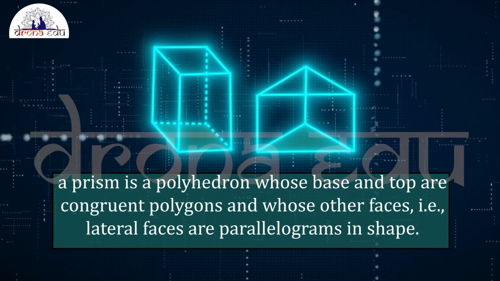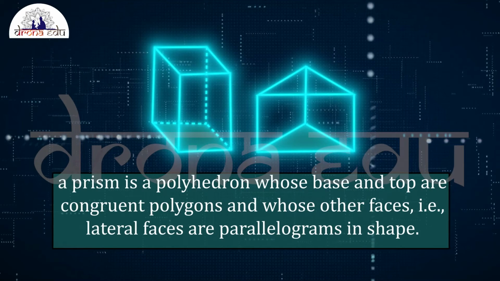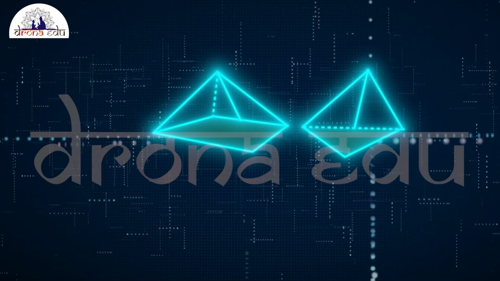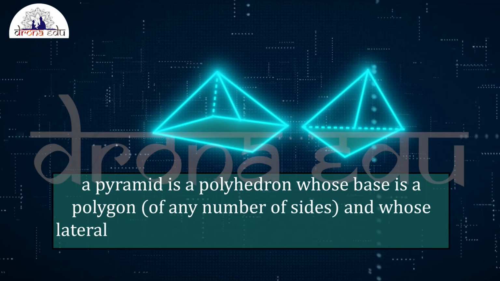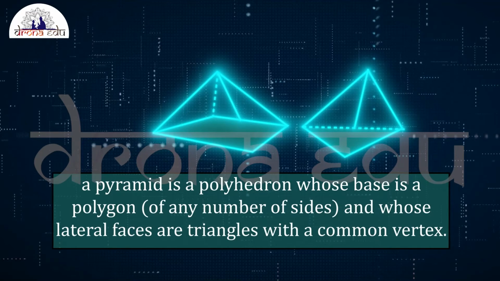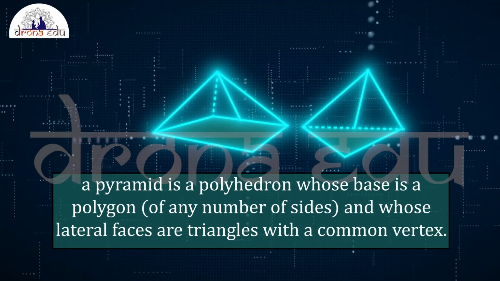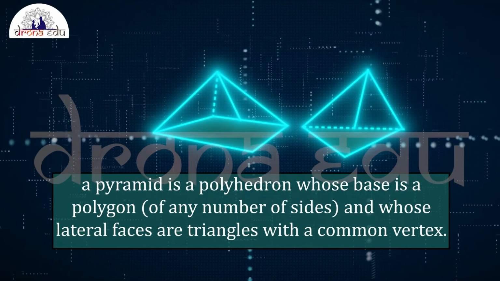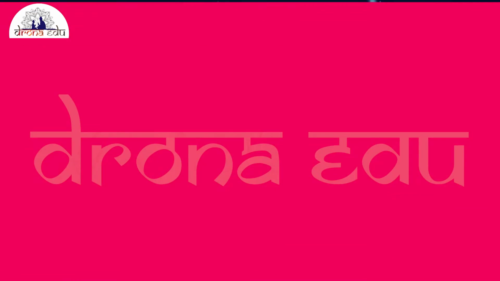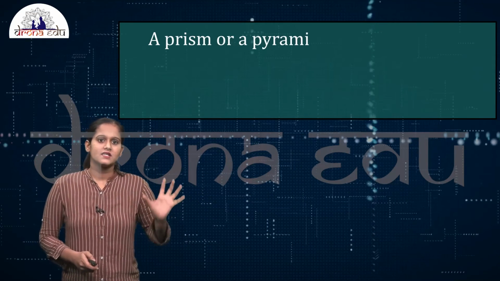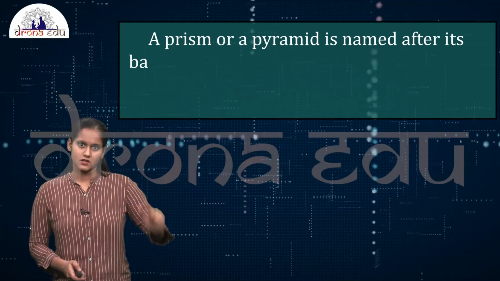On the other hand, there is the pyramid. A pyramid is a polyhedron whose base is a polygon and whose lateral faces are triangles with a common vertex. A prism or a pyramid is named after its base.